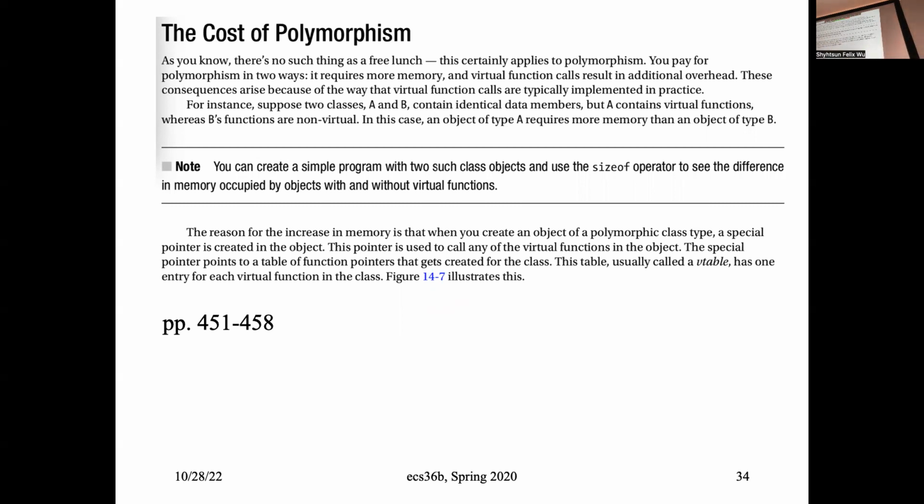The way C++ implements polymorphism is through the concept of virtual function. And because of that vtable, this section illustrates very nicely the performance hit you're going to get by using polymorphism in C++. Okay, so that's what I want to talk about.